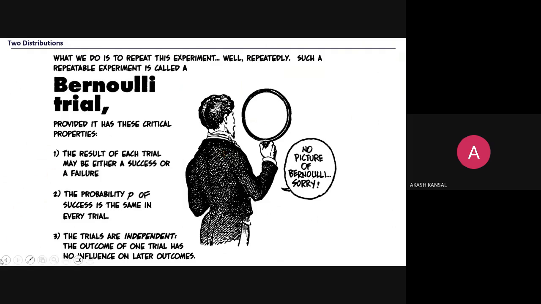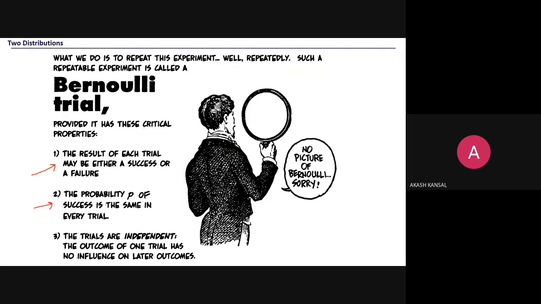First property is that the result of each trial may be either a success or a failure. Basically, what we want to say is the probability is either going to be 0 or 1, right? The second property is that the probability P of success is going to be the same in every trial.